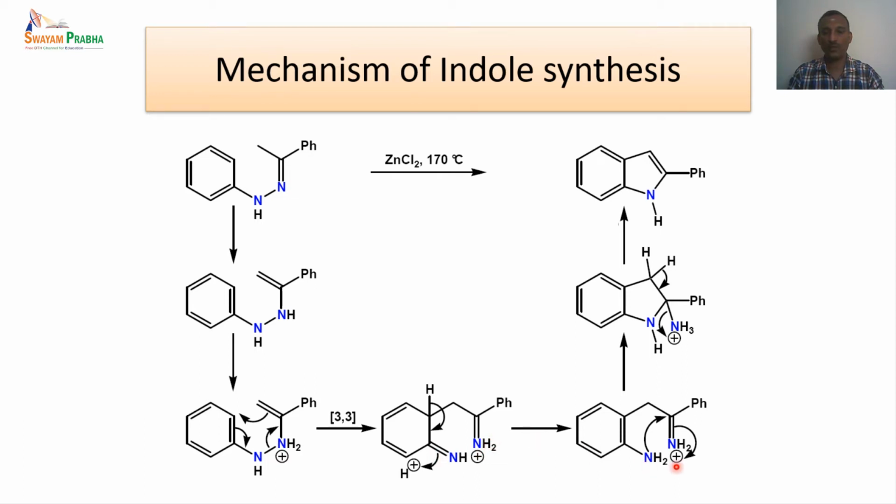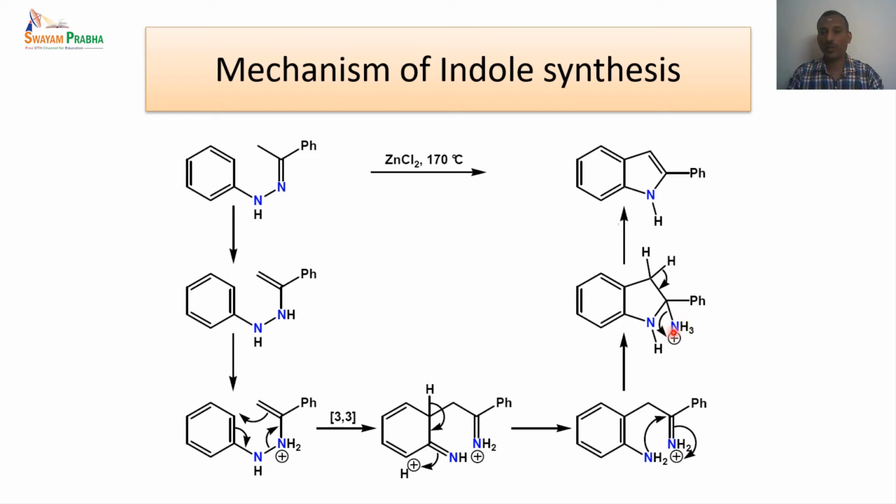So the nitrogen, which has the lone pair, attacks this carbon, which is electrophilic, and now this can be lost as the ammonia unit as shown here. This is what we were talking about earlier, where one of the nitrogens is lost as an ammonia molecule.